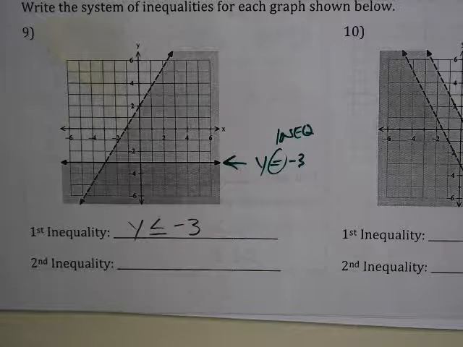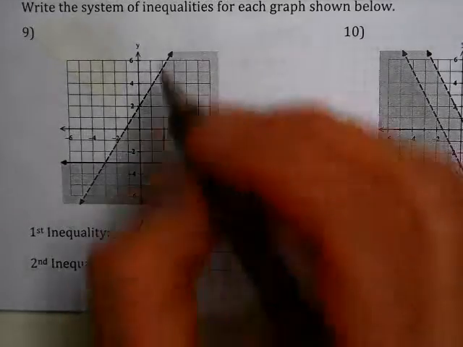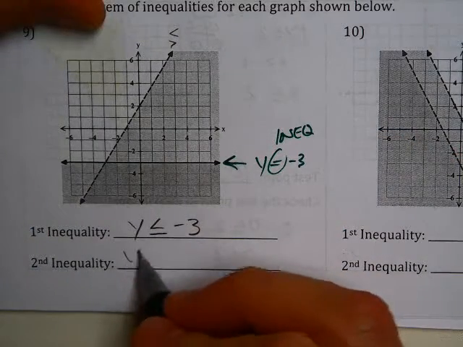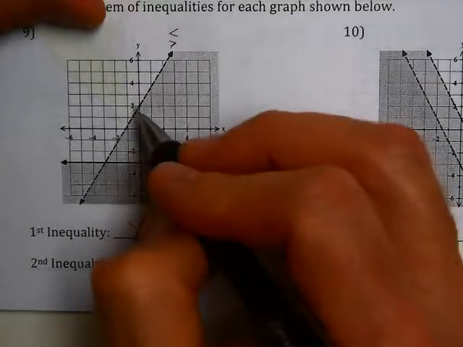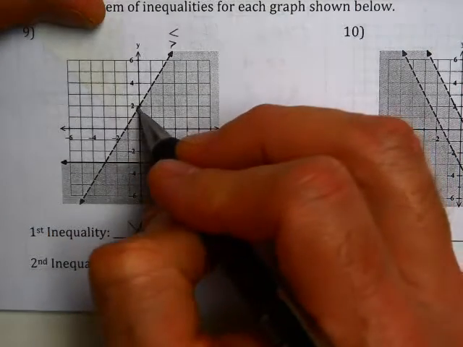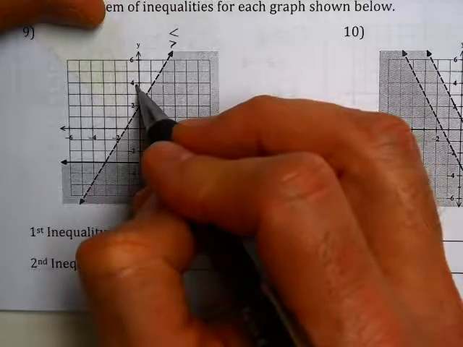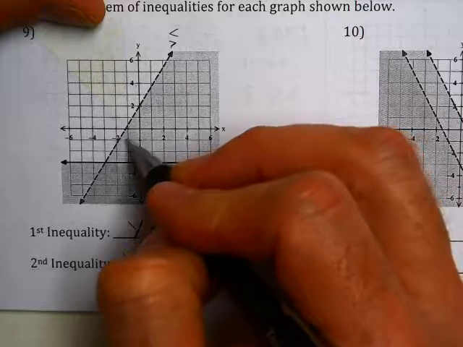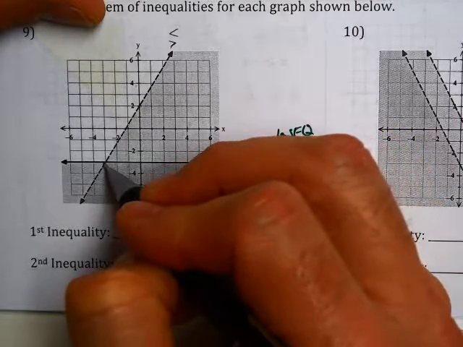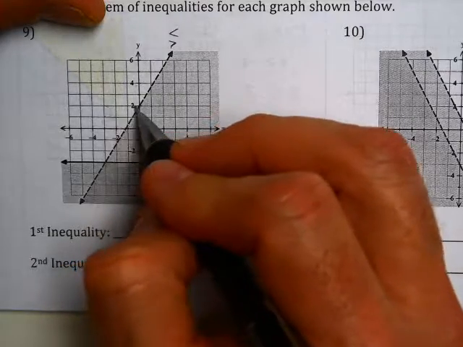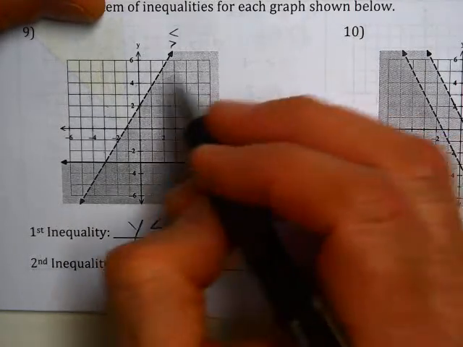This one, I'm going to use slope-intercept. I know that it's a greater than or less than, but I don't know which direction that's going to be. So I'm going to say y, and I'm going to leave some space. My intercept is 2, and my slope is up 5 over 3.